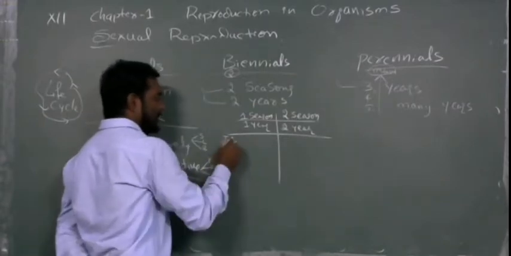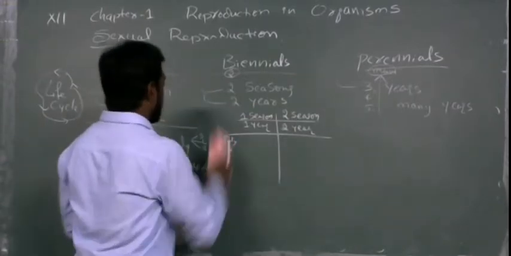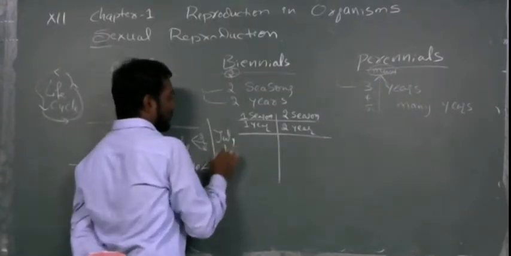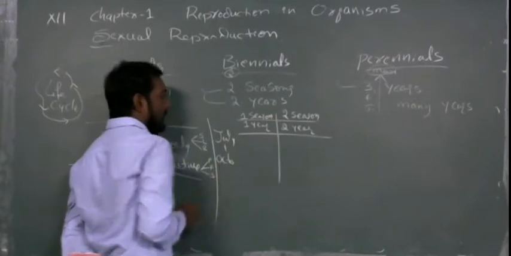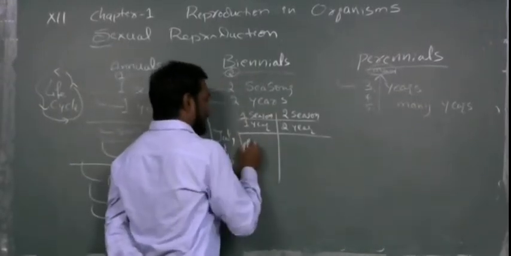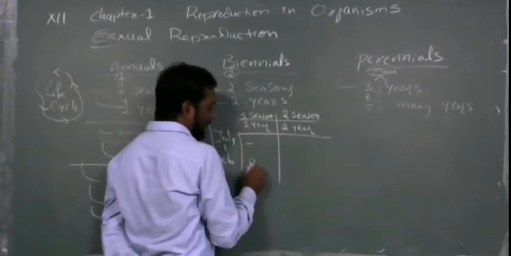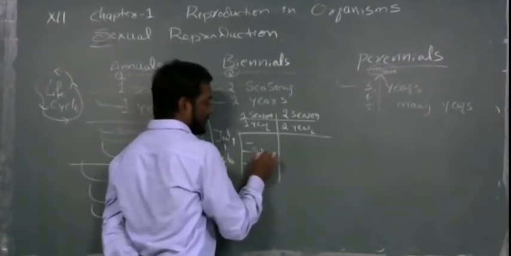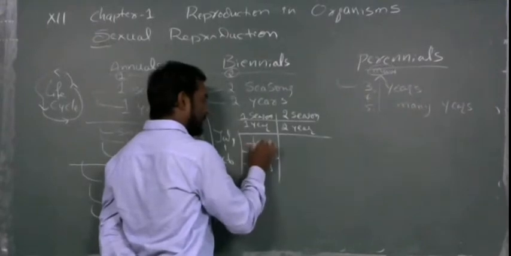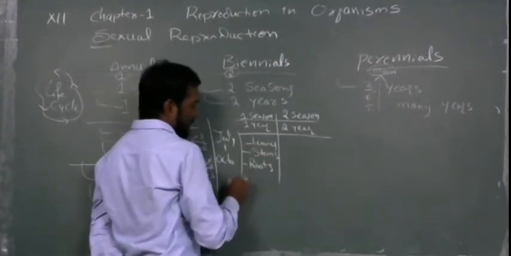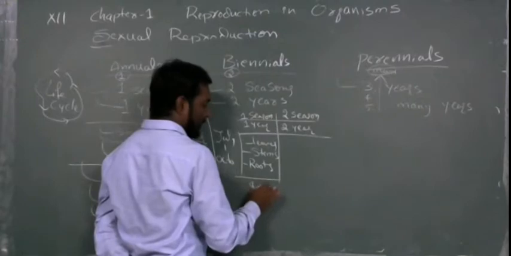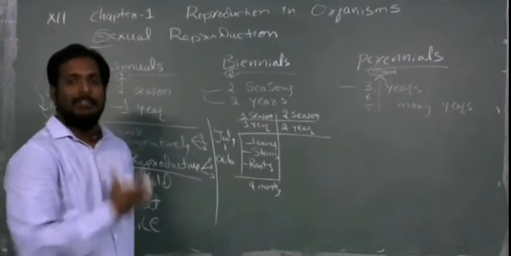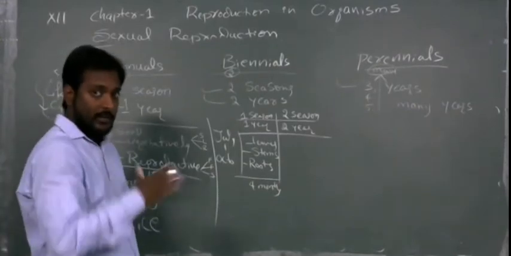In this period, these plants will first get their roots properly, then they will get stems and leaves. Within that, the 4 months will be completed approximately. After that, they cannot grow more; they will just survive and wait for the next season.